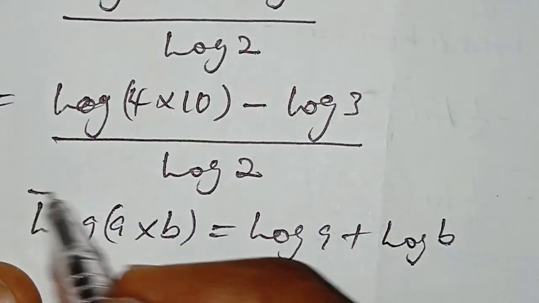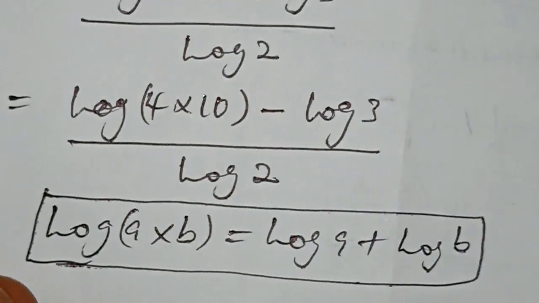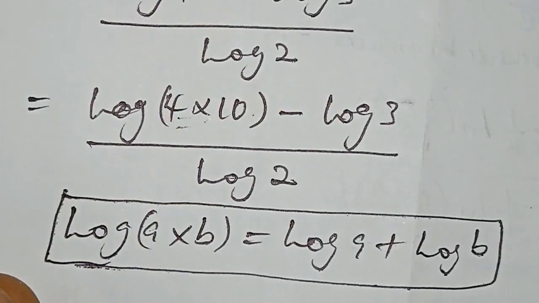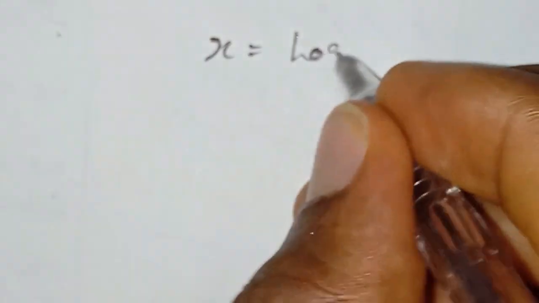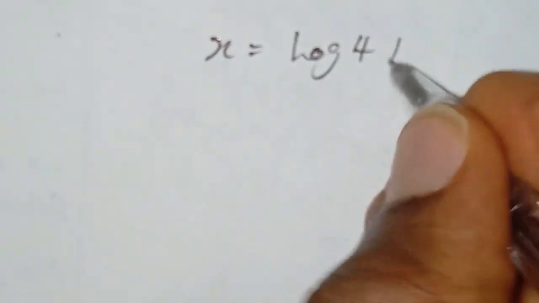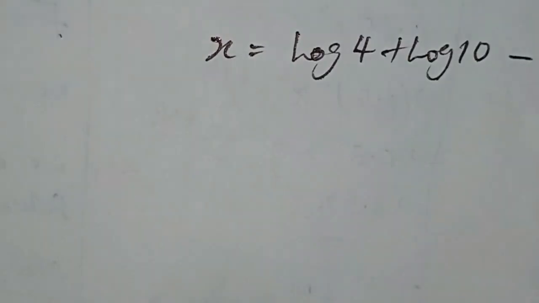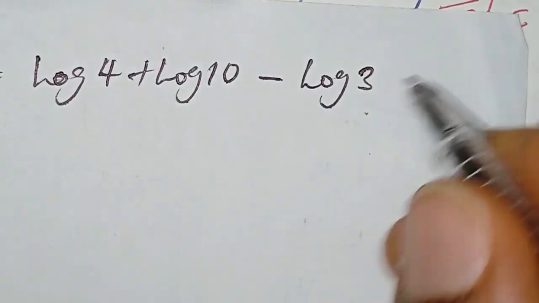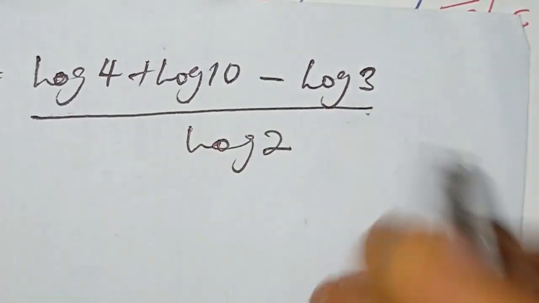So this identity will be used to simplify this aspect. From that, our next step becomes x will be equal to log of 4 plus log of 10 minus log of 3, all together over log of 2.